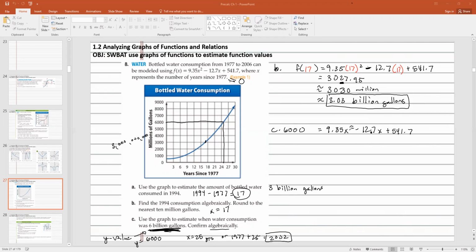All right, so here, to solve this, you're not going to factor that. What we have to do is set it equal to 0 first. So we're going to subtract 6,000 from both sides.